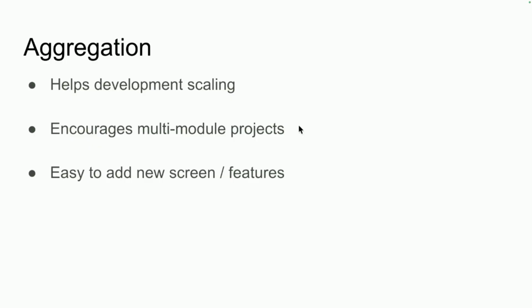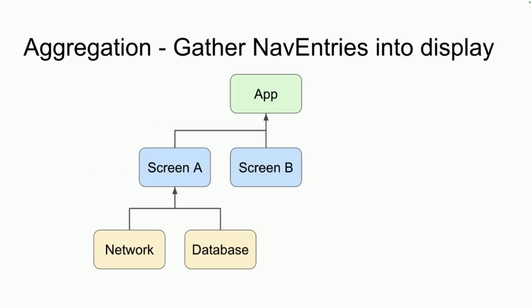Right, so that was one part of dependency injection. The second part is what I want to call aggregation. And this really helps with scaling because now it lets you generate all the glue code for all the nav destinations, and your team and your different company can work in different screens at the same time in isolation without stepping on each other's toes.